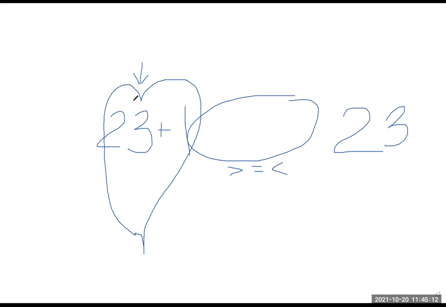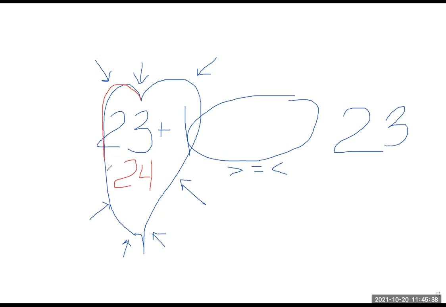You have to solve this first. So what is 23 plus 1? Who's the fastest one in the world? Arna, go. What's 23 plus 1 more? 24. Woohoo!